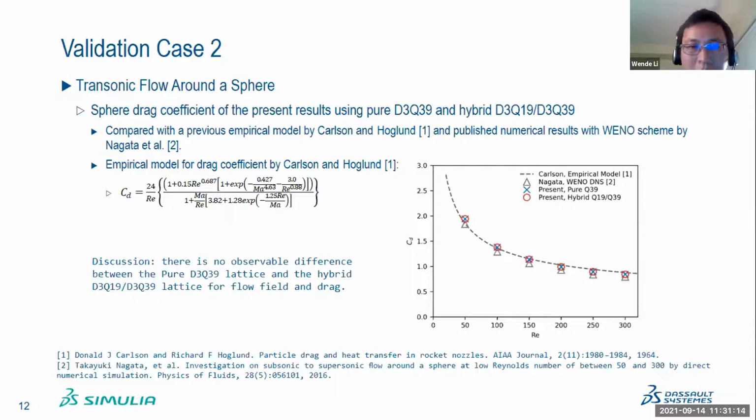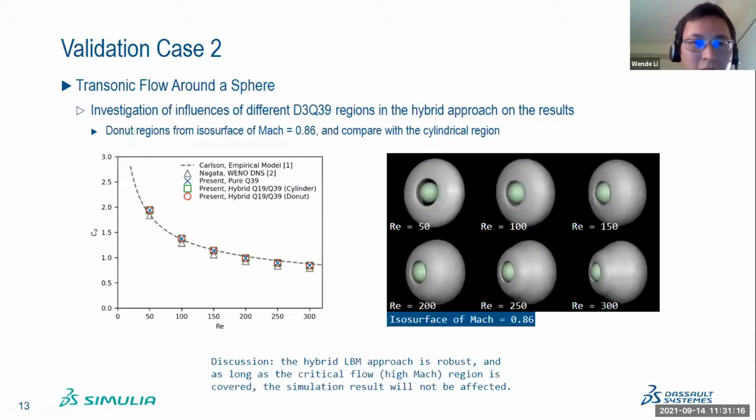And then we investigated different hybrid region shapes. These three D3Q39 regions are from the Mach number isosurface of 0.86 for different donut shapes. Because of different random numbers, the shapes are a little bit different.